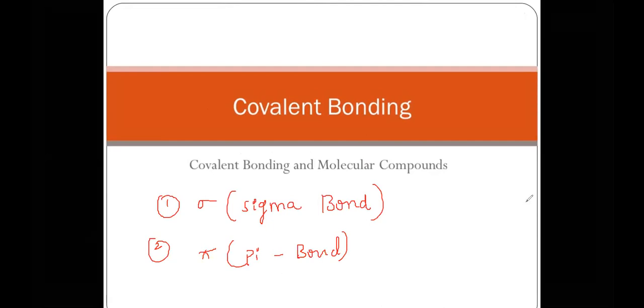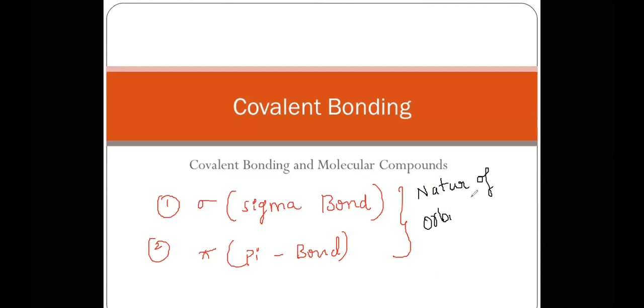Okay, so on what basis have we classified sigma and pi bond? The classification is based on the nature of orbital overlap. It depends upon the nature of orbital overlap.